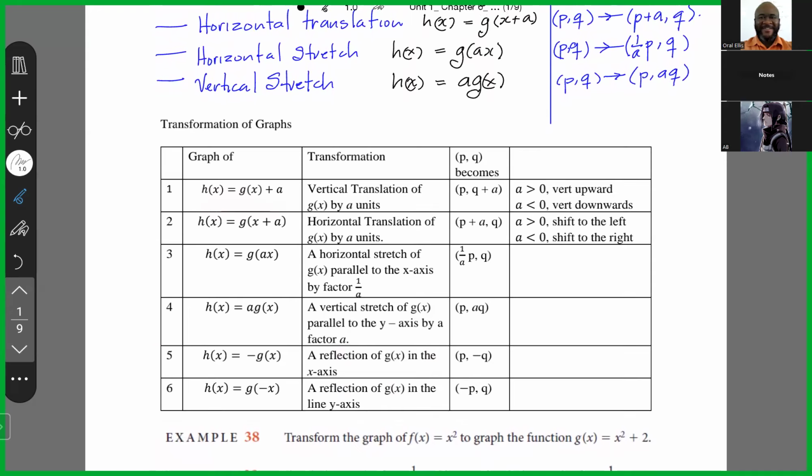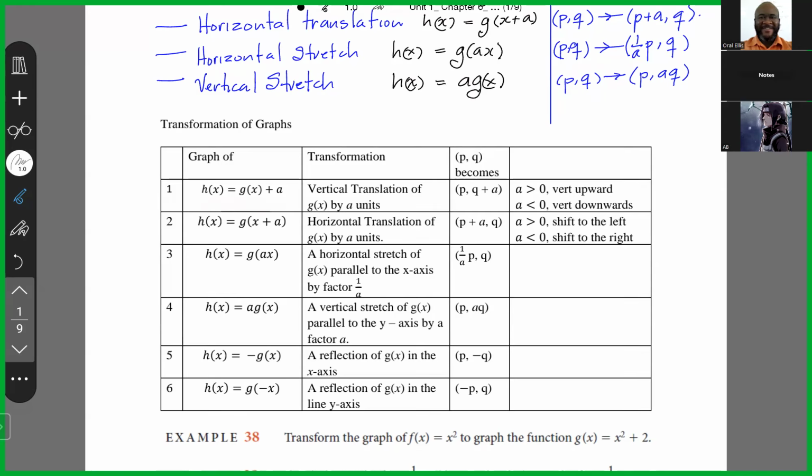All right, for example, the second row of the table talks about the graph of h of x is equal to g of x plus a. So the graph of h of x is equal to g of x plus a is a vertical translation of g of x by a units.